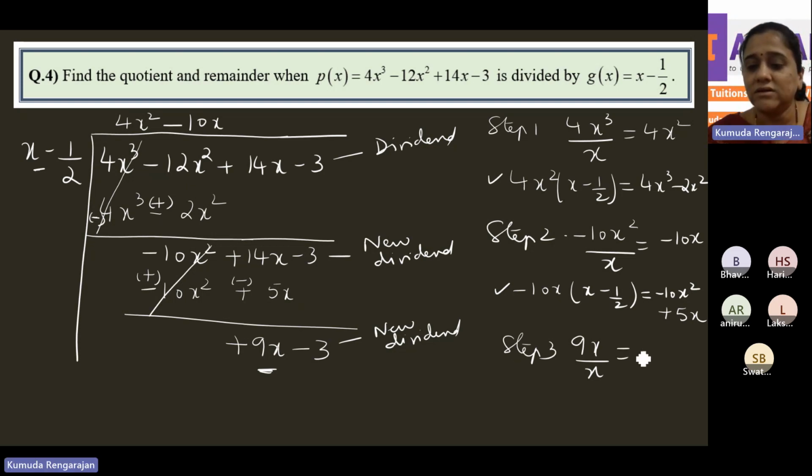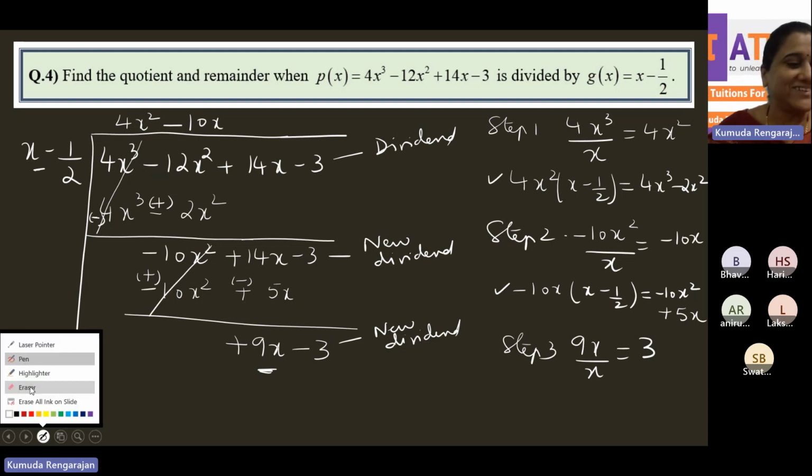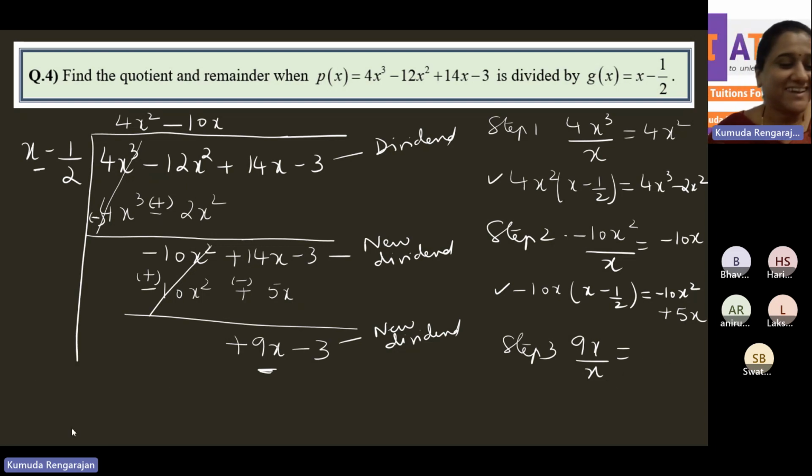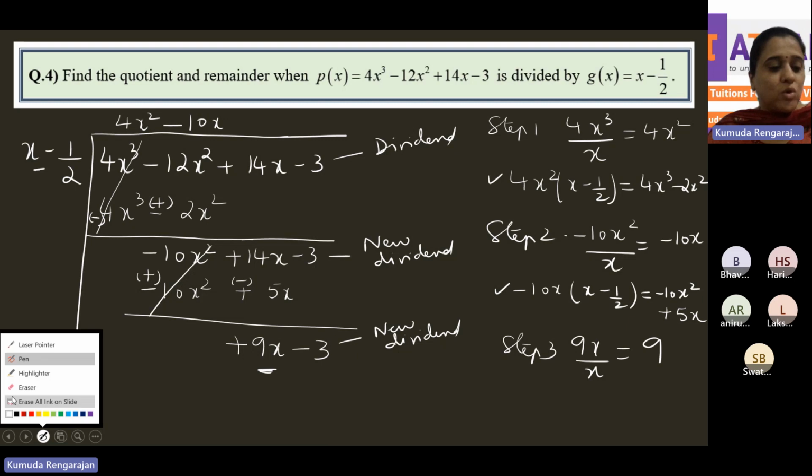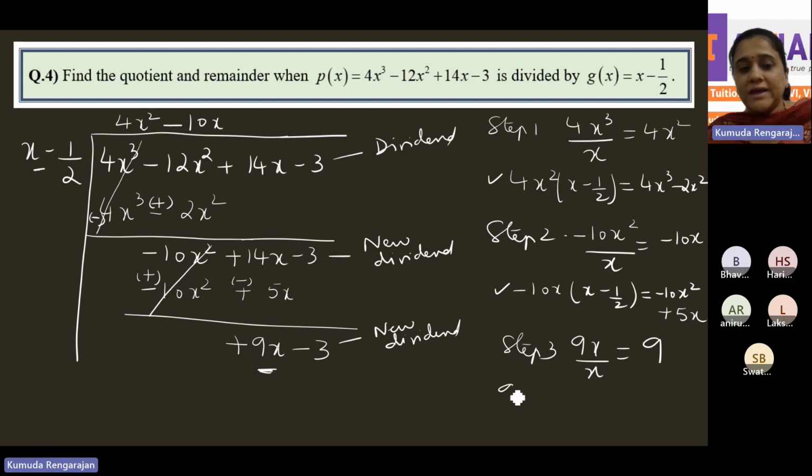Now what do you get here? Sorry, my bad. x and x get cancelled and we get 9. That is the next term in the quotient.